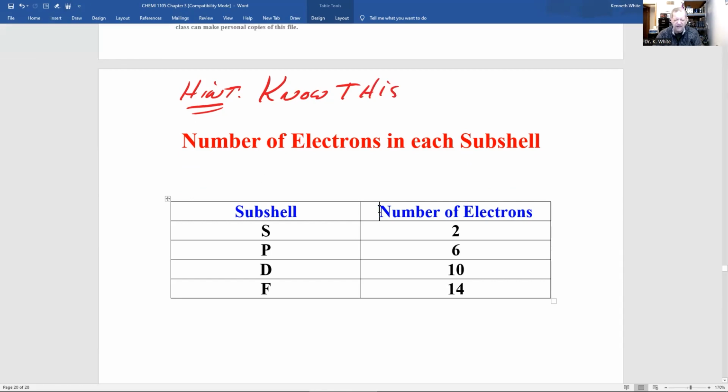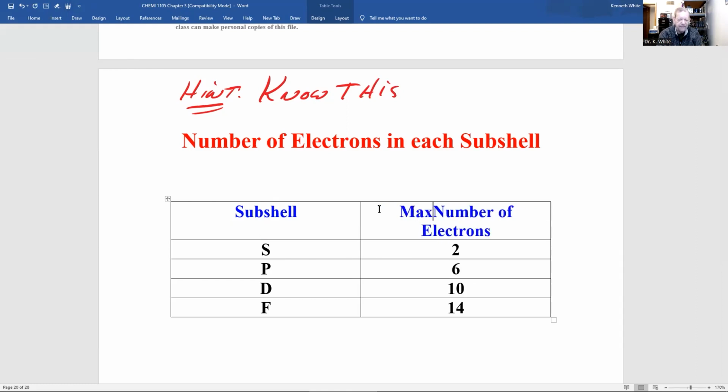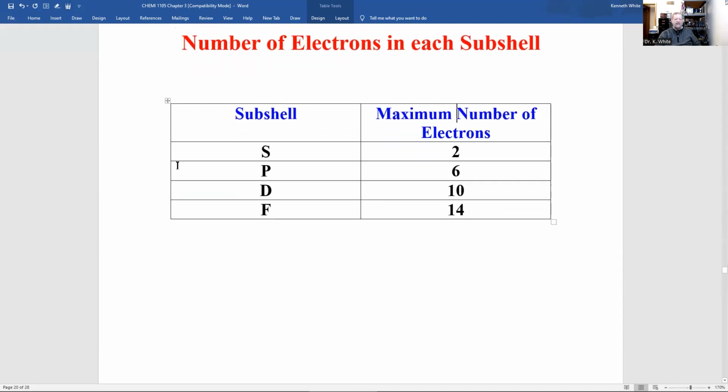And this really should be, all right. Now, when we come to the subshells, S, P, D, and F, S can only have a maximum of 2 electrons. P, 6 electrons. D, 10 electrons. F, 14 electrons.